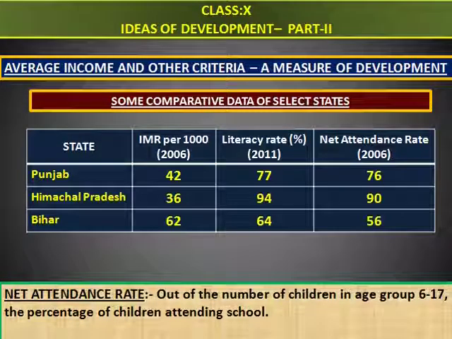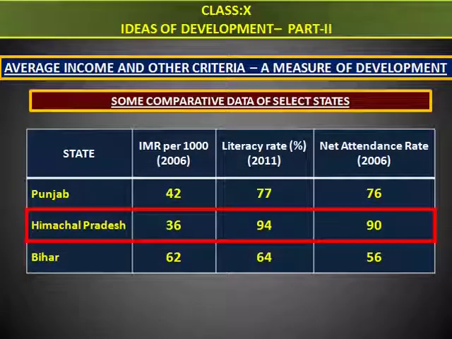Net attendance rate: out of the total number of children in the age group 6 to 17, the percentage of children attending school. Here again it is Himachal Pradesh, with a high attendance rate of 90. So what we understand is that Himachal Pradesh is better in all areas except per capita income.